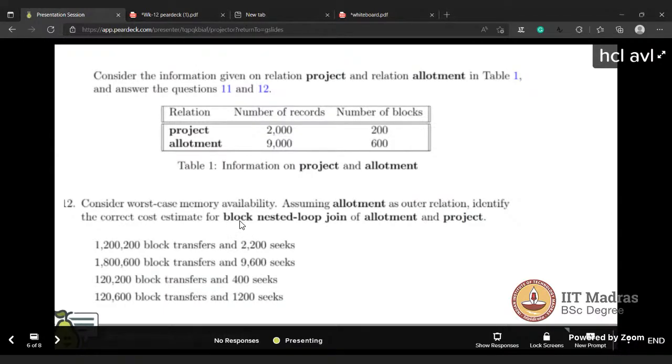So we will wait a few minutes, and after that we will discuss. These are the block nested loop join. Please try to respond.